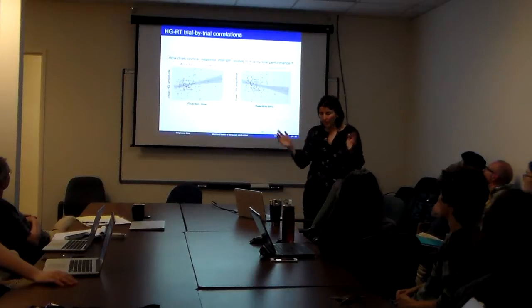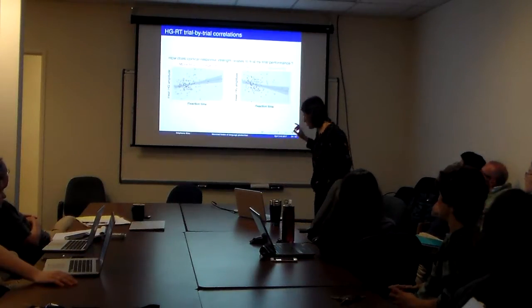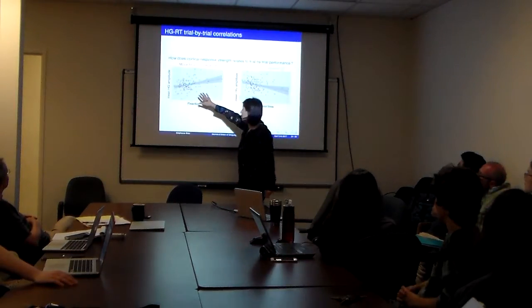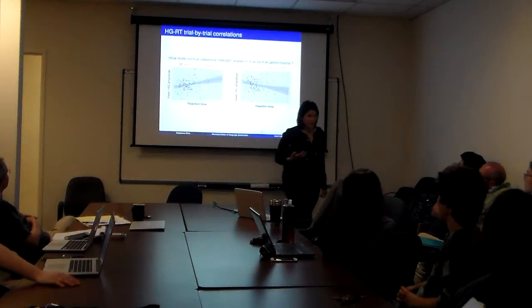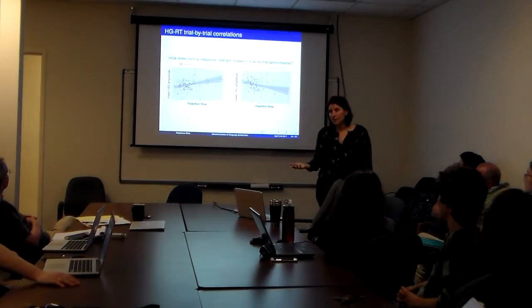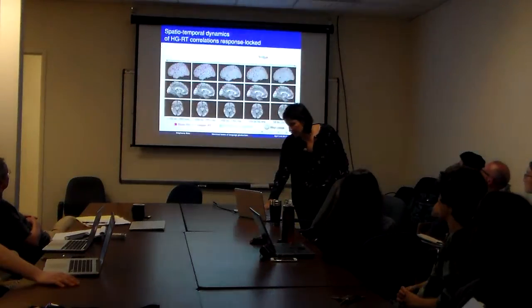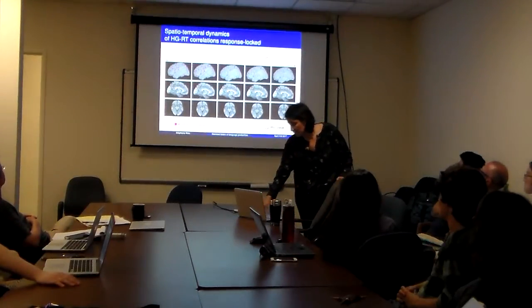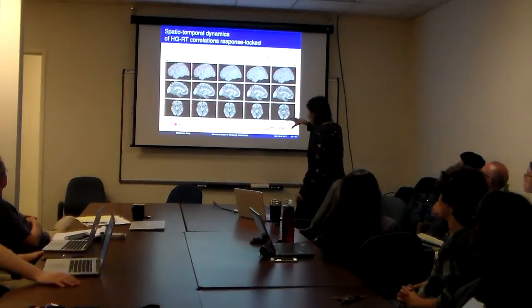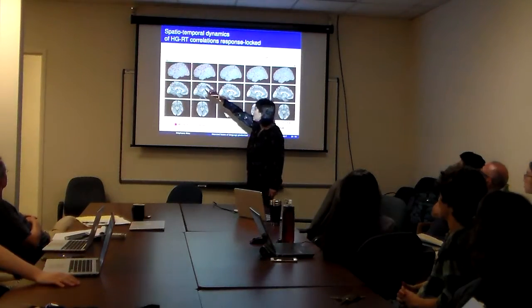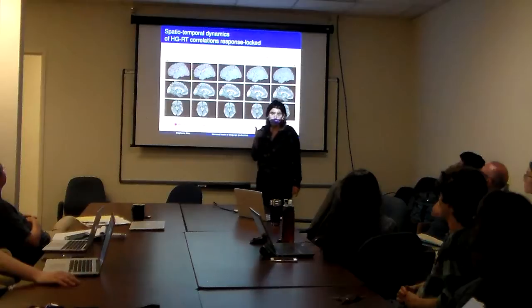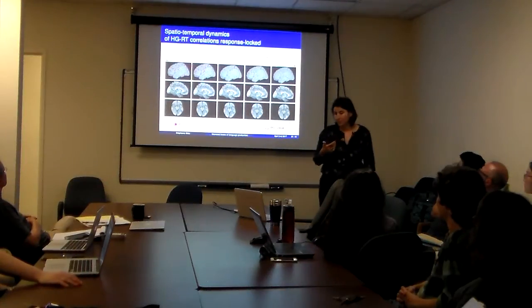I wanted to look at that in my data because positive correlations between high gamma and RT have been shown in the frontal cortex in working memory tasks. So I wanted to see if that was also the case in this word retrieval paradigm. And in fact, this was also the case. Here the pink dots correspond to this positive correlation, and it was very similar to the semantic interference effect that I showed earlier.